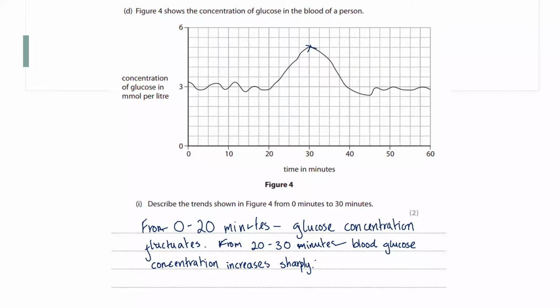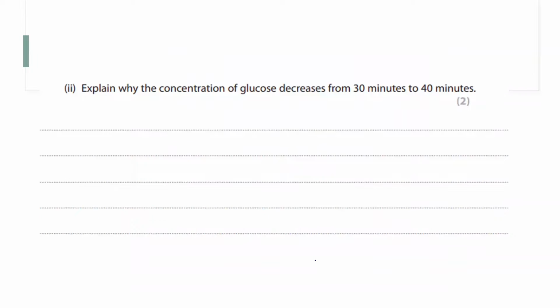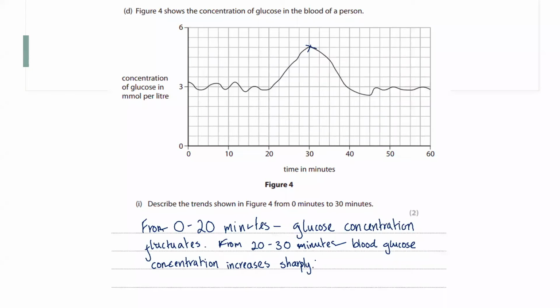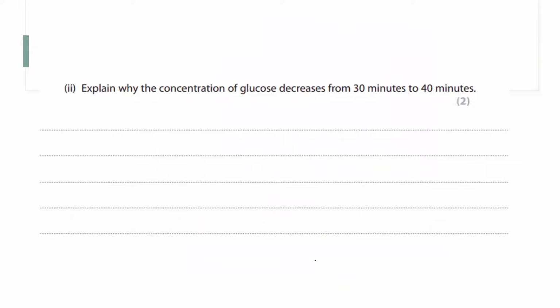Explain why the concentration of glucose decreases from 30 minutes to 40 minutes. The concentration could increase because the person ate something, and it could then decrease. So what's happening to the glucose?